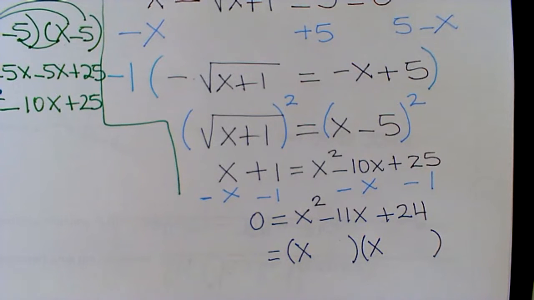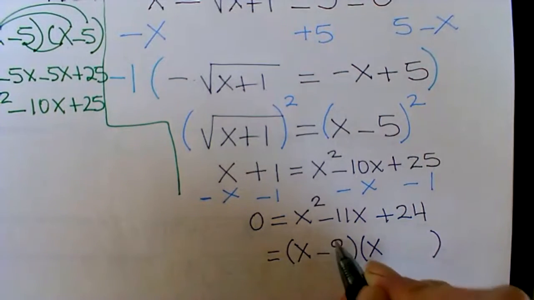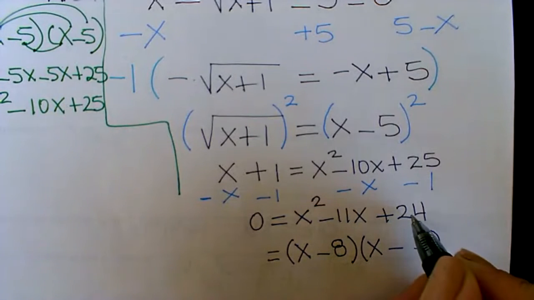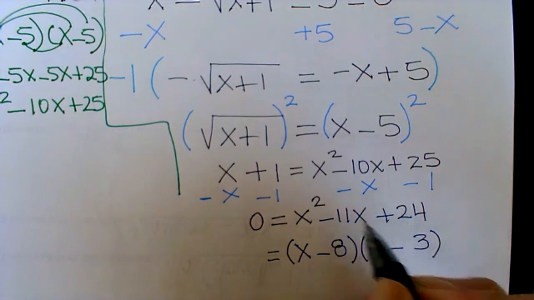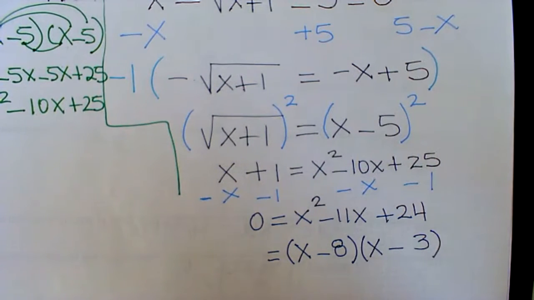No. 8 and 4. 8 times 3 is 24. Yes. How about if we do 8? Negative is going to be positive. And if we add them, it will be this one. Isn't it? Yeah, it is.